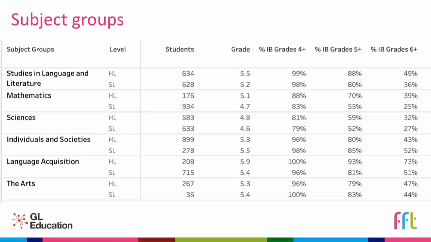And finally here we drill down to look at it by subjects. This again is a summary of all the students' data that we've got for the group of schools participating in the service at the moment. You can see the average attainment for higher and standard level for international schools, based on this sample of schools and pupils, for each of the subject groups.